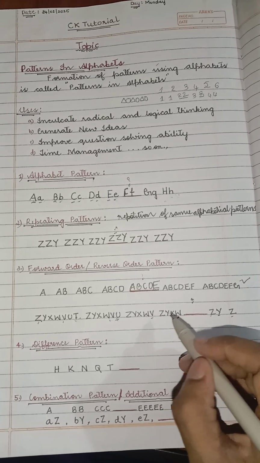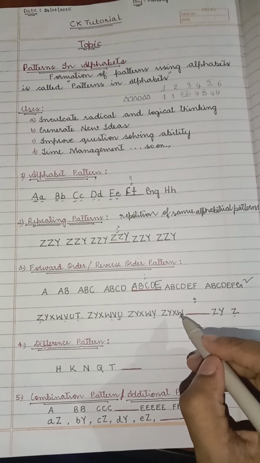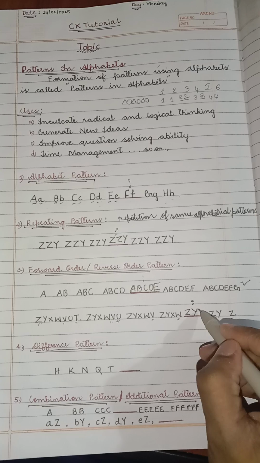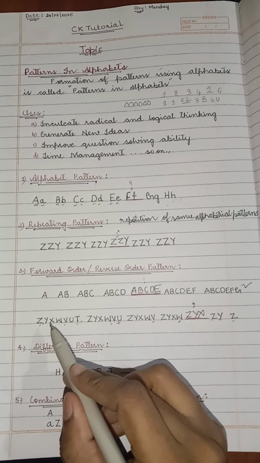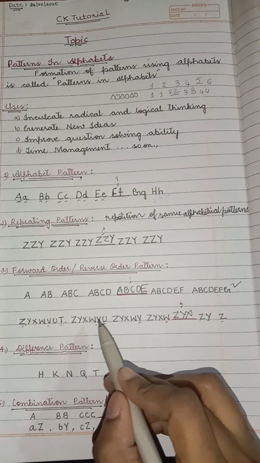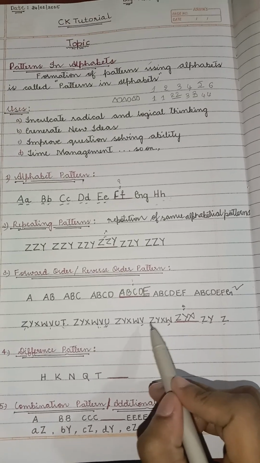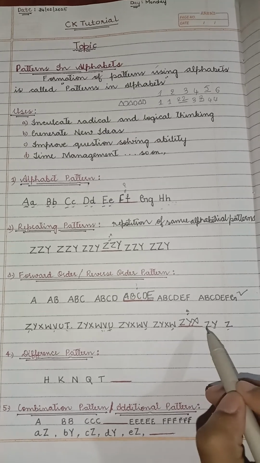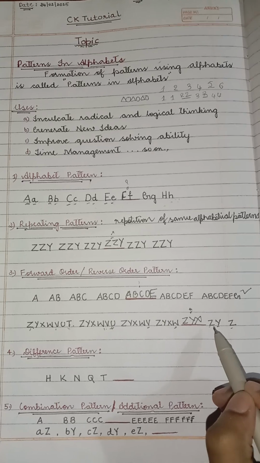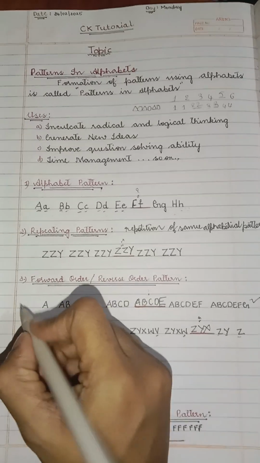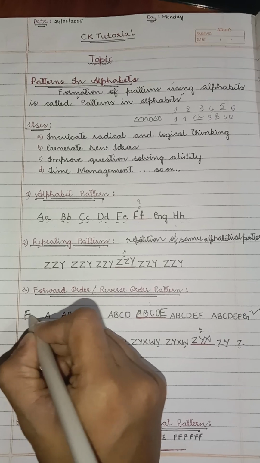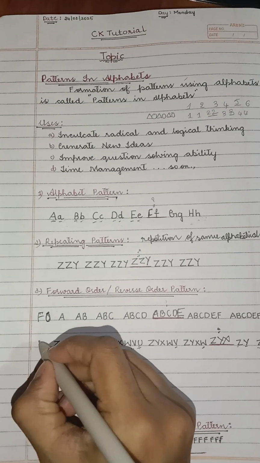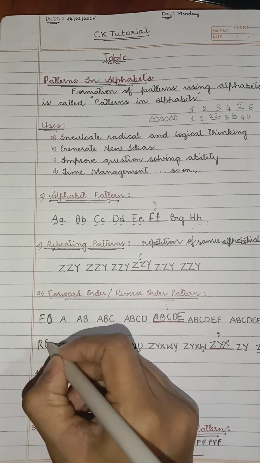In the reverse order pattern, the answer will be the reverse order of the sequence: Z, Y, X. So the reverse letter of X is Y, and of Y will be Z. So this is called forward order, and this is called reverse.